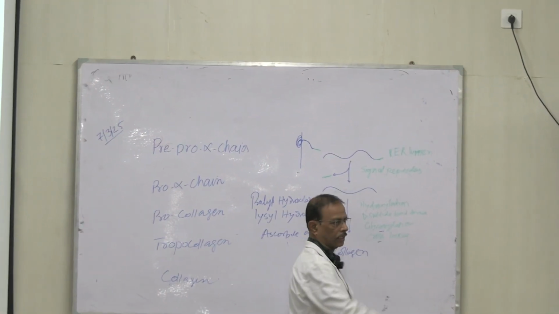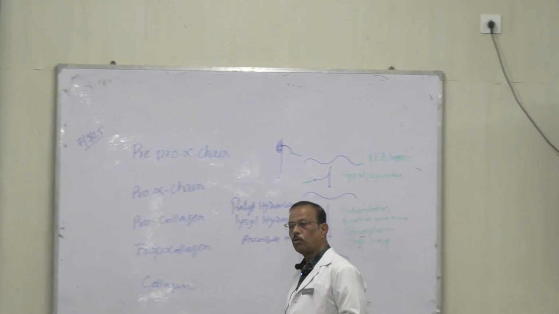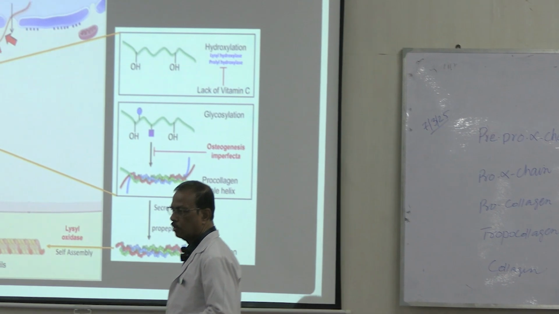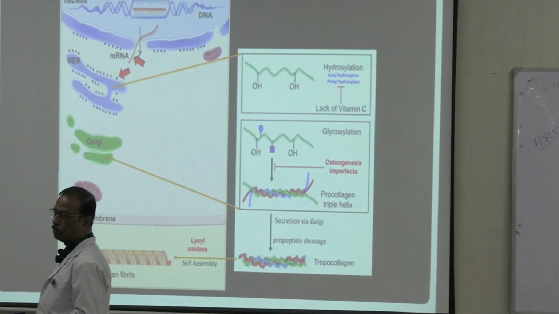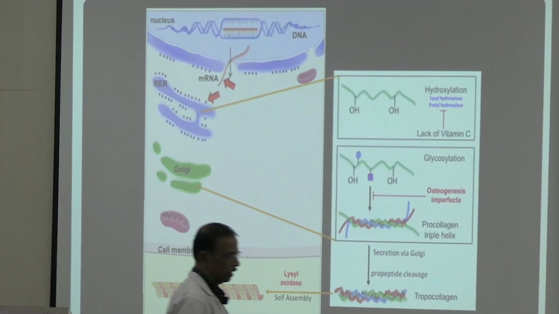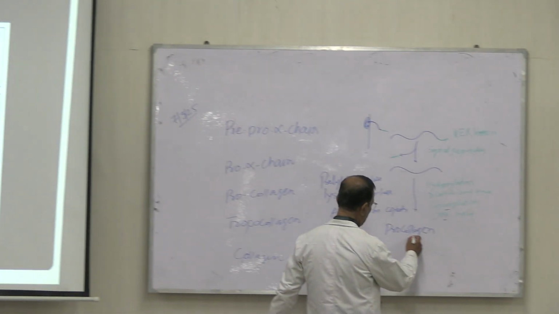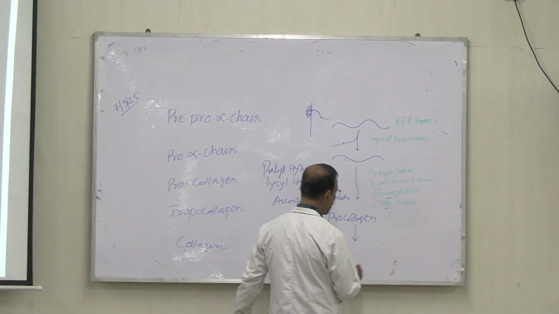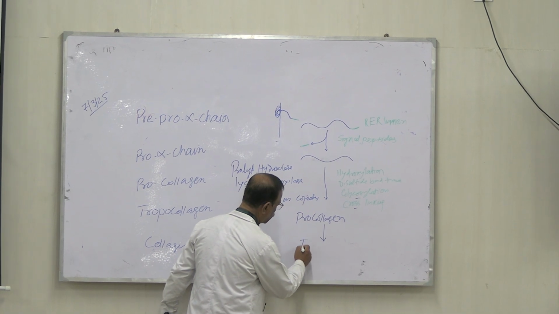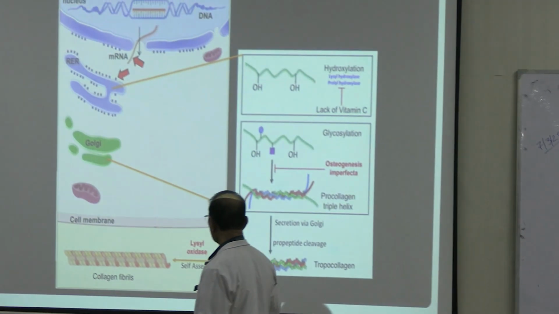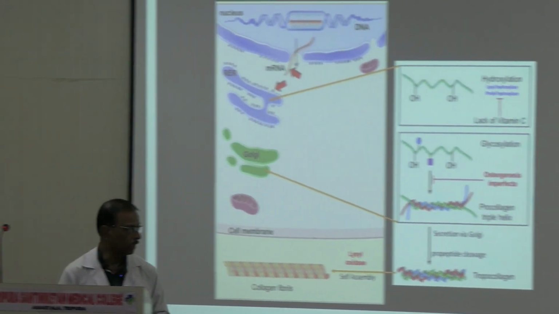Now the triple helix is glycosylated and there is formation of tropocollagen. After glycosylation it becomes tropocollagen.